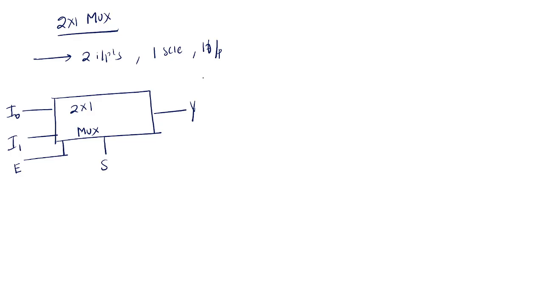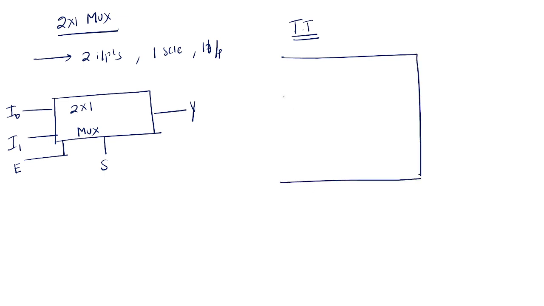If you see the truth table for this 2 cross 1 MUX, here you have enable pin, selection line, and output y. When enable pin equals 0, whatever may be the selection line, you get the output equal to 0.